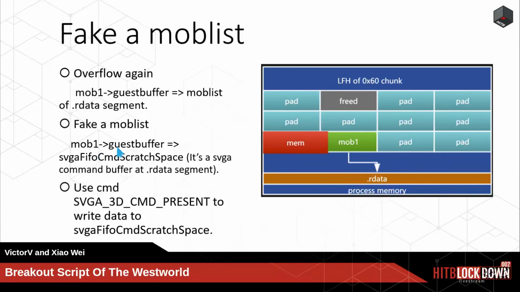Let its guest buffer field point to the SVGA FIFO command scratch space. It's the SVGA command buffer in the .rdata segment. We can use this SVGA command to change its data. So we can fake any mob structures we want.